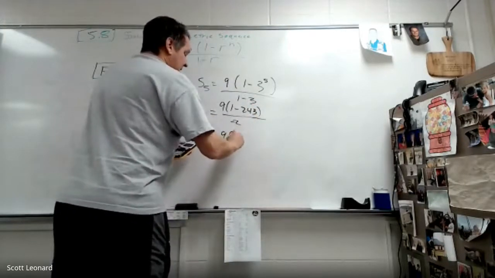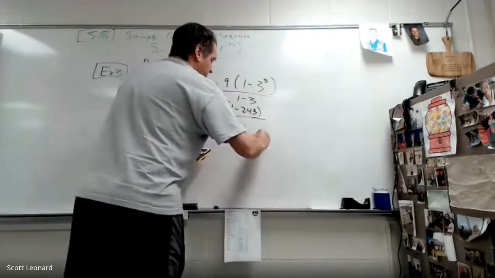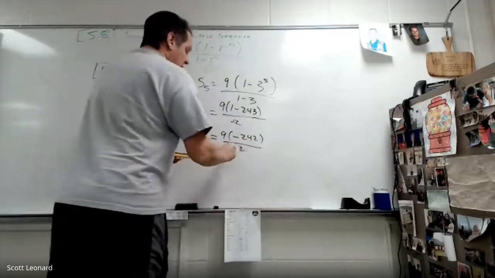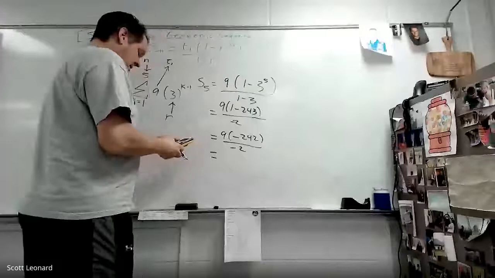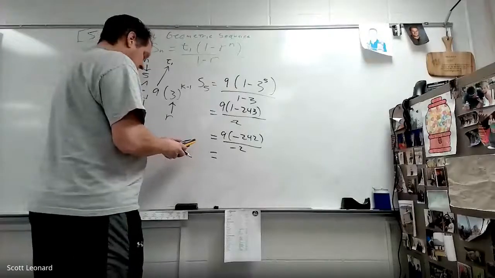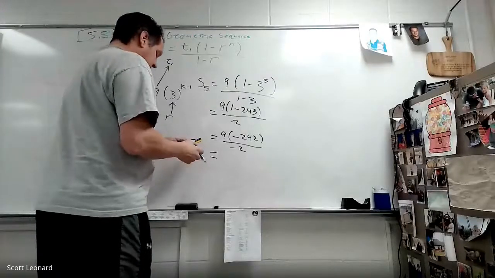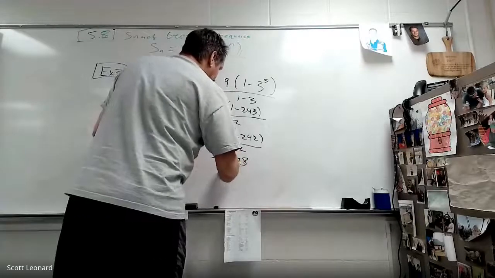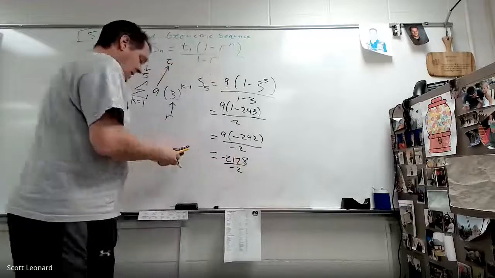I get 9 times negative 242 over negative 2. 9 times 242. I got negative 2,178 divided by negative 2.